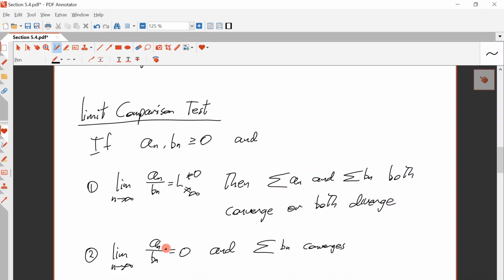If this limit of an over bn is 0, in other words, bn is large compared to an, and bn converges, then an converges as well.